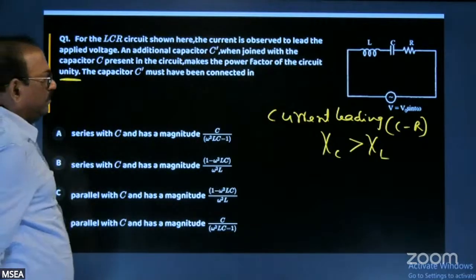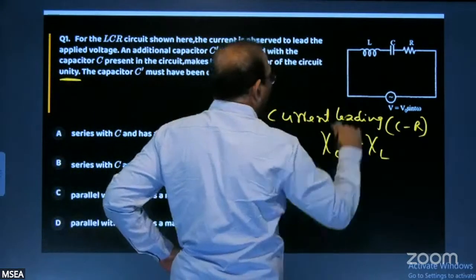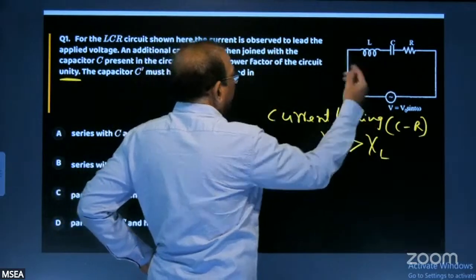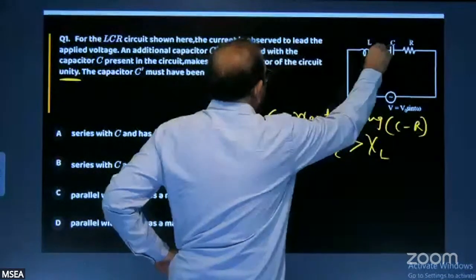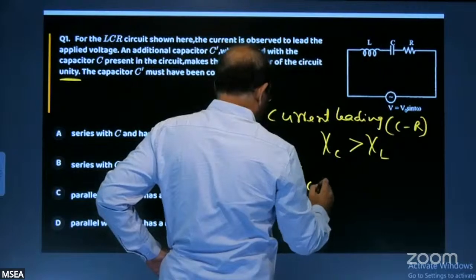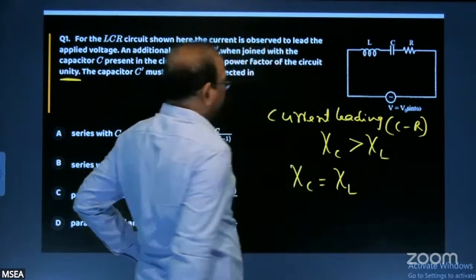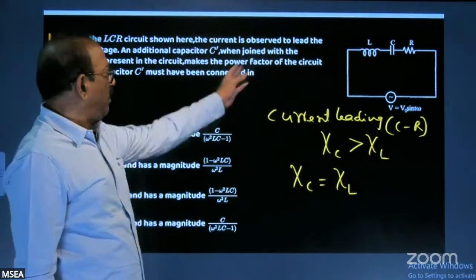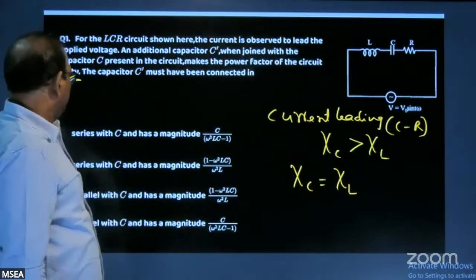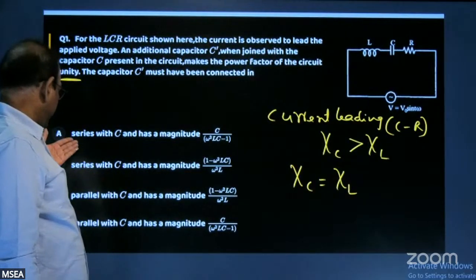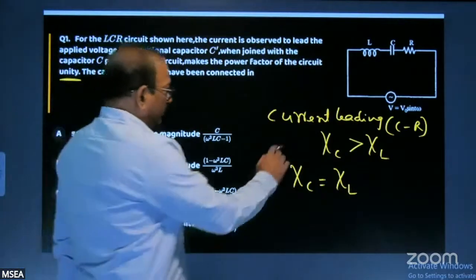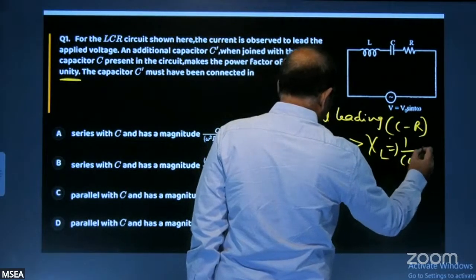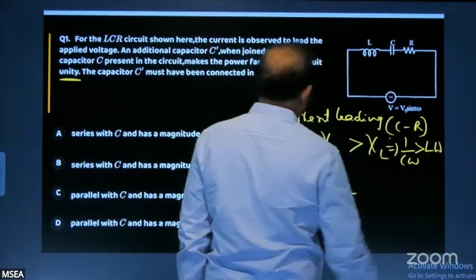Power factor 1 means it acts like a pure resistor circuit, so after connecting C dash to C, XC becomes equal to XL. Then only it will act as a pure resistor. What is the value of C dash, and should it be connected in series or parallel? XC greater than XL implies 1 by C omega is greater than L omega.